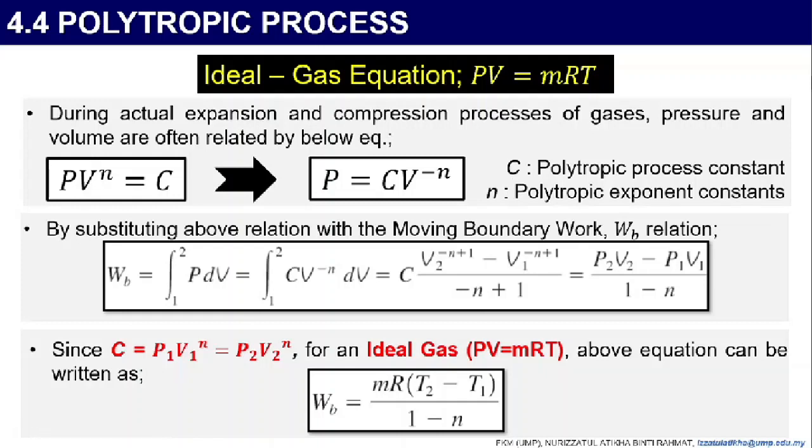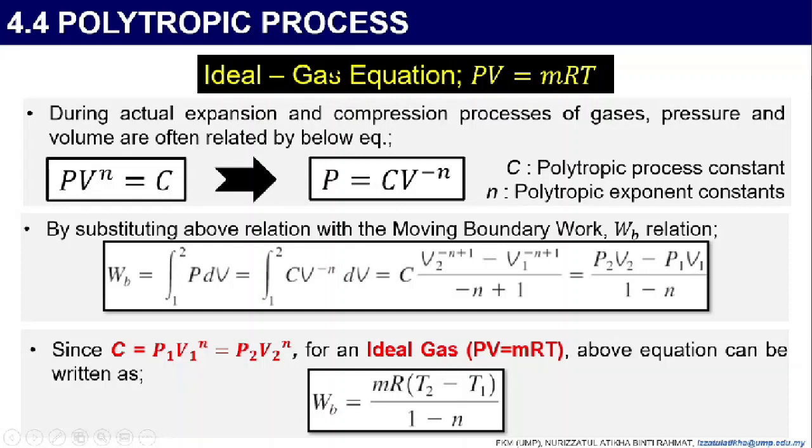If the question states that this system is undergoing a polytropic process, then you have to use this equation for moving boundary work: WB equal to (P2V2 minus P1V1) over (1 minus n). So this is the equation for moving boundary work for a polytropic process.